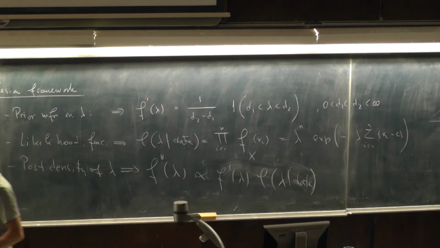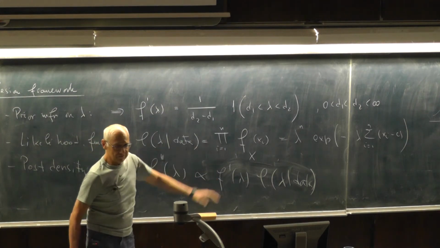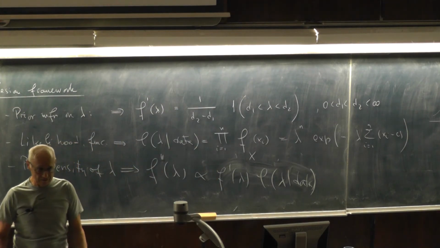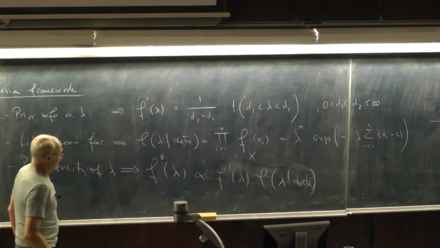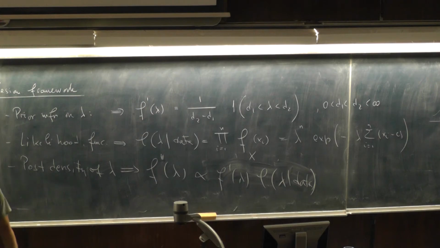So let's see what we have at this point. We start from a prior, which comes from somewhere, we discussed how. Given the data, we construct this function, which is called the likelihood function. Then combining the prior with the likelihood, you end up with a posterior, and that's your best guess on lambda.